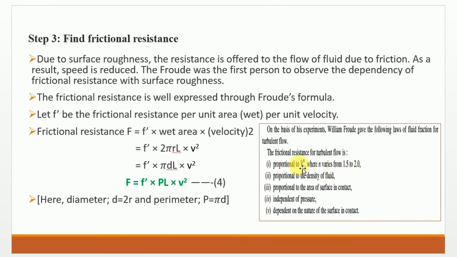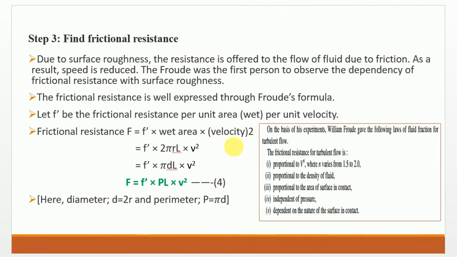This is what was discussed in Reynolds' experiments also, where the loss due to friction is directly proportional to velocity in laminar flows, but for turbulent flows the friction loss is directly proportional to V power n, where n varies from 1.75 to 2. Also, frictional resistance is directly proportional to the area of surface contact, where the fluid actually gets in contact.